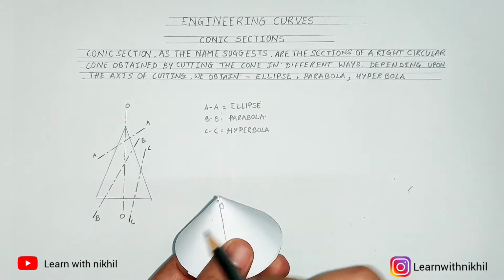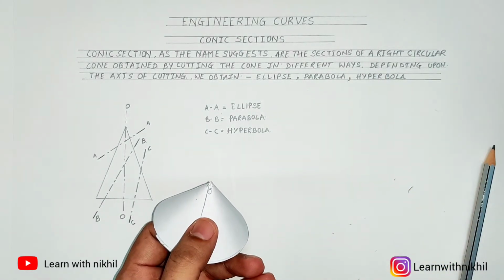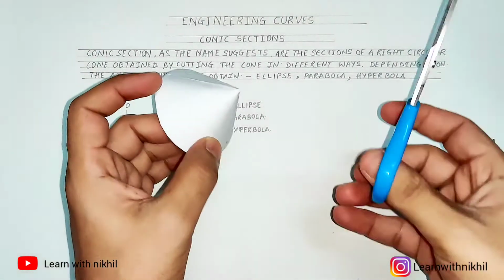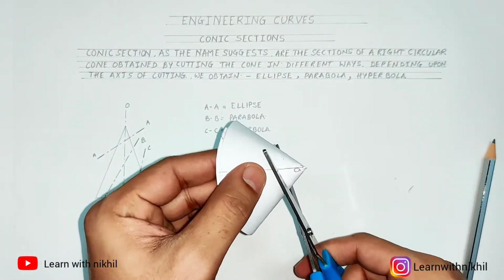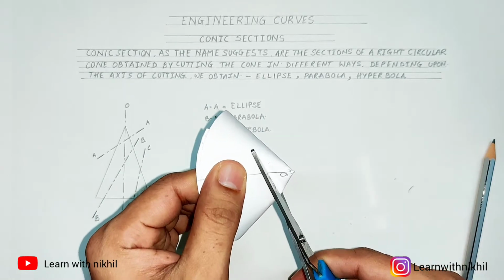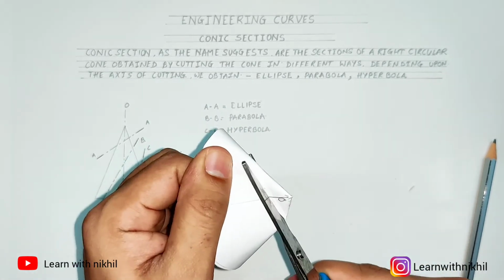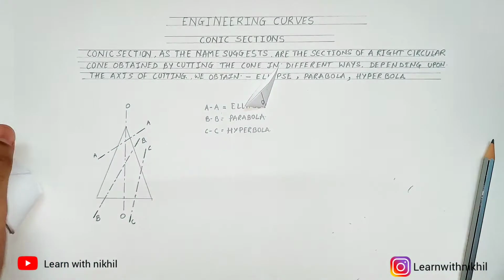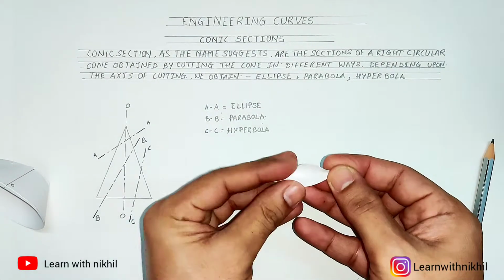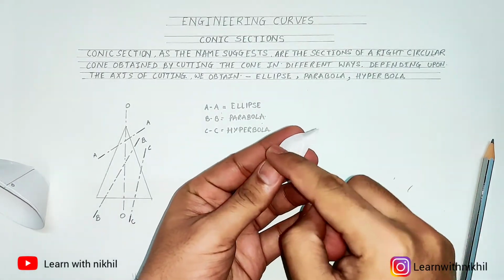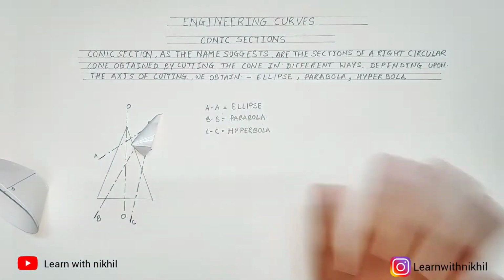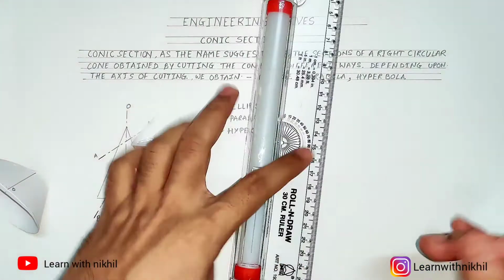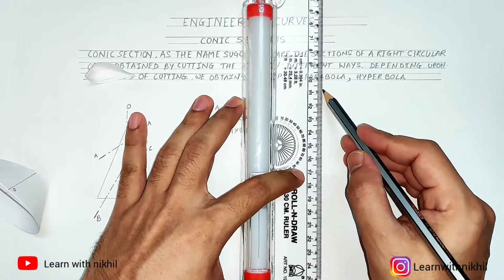I'll cut the cone from the AA line. The bottom of the cone represents a circle, and if I cut through the AA line, we will get an ellipse. So this shape is called an ellipse. It is the shape of an egg.